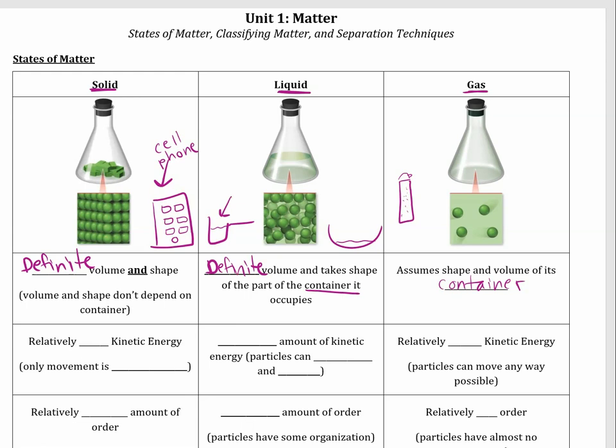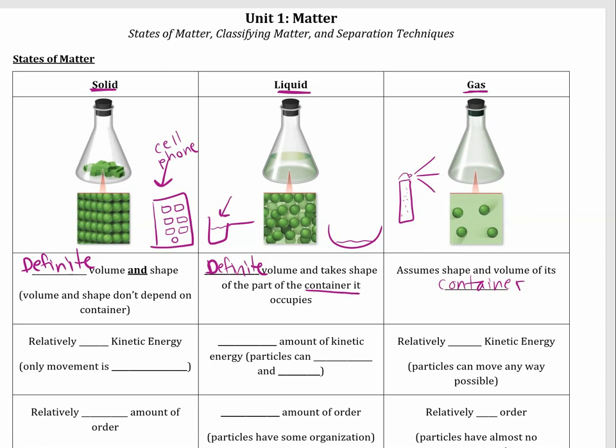But as soon as you start to spray that can, that gas is going to exit the can and start to spread out and fill up your whole room. It'll take the size of your room and the shape of your room, and you'll be able to smell it in every corner of the room because that gas is taking the shape and volume of the room. It started can shape and size, and now it's room shape and size.